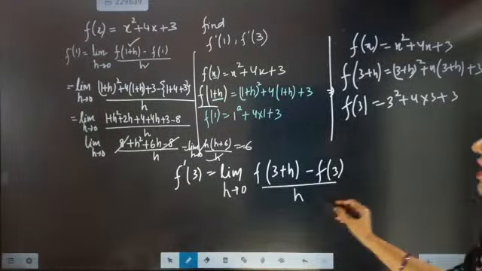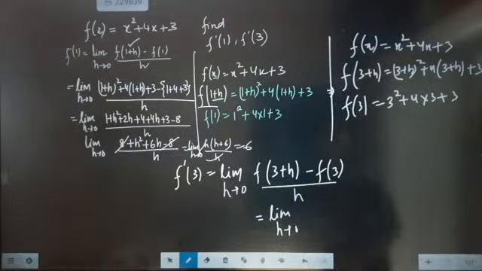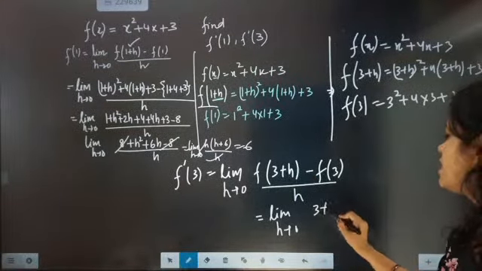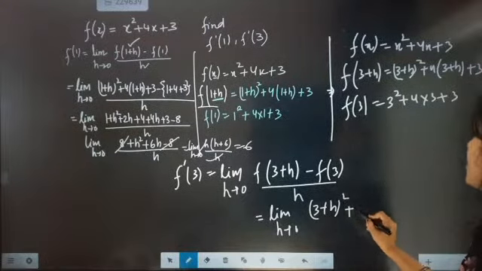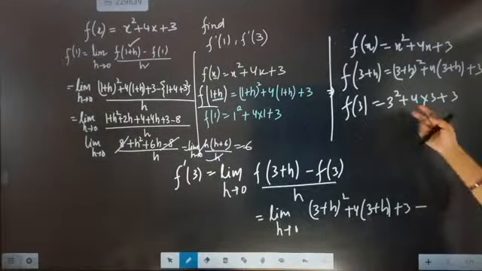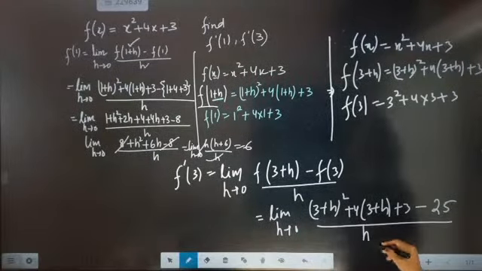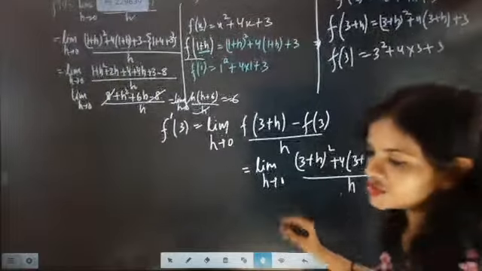So it is written as limit h tends to 0, 3 plus h whole square plus 4 into 3 plus h plus 3 minus 25 by h. Three 3s are 9, 9 plus 12 is 21, plus 4 is 25.